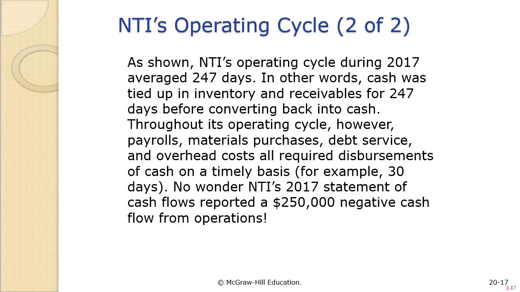I don't know what their income statement said, but on their annual income statement, since they collected the receivable in less than 365 days, they could be reporting some pretty good profit. But the cash flow to generate that was negative $250,000 from operations.